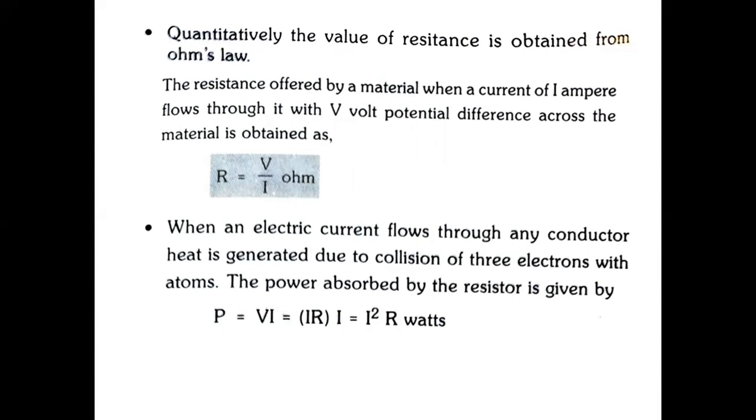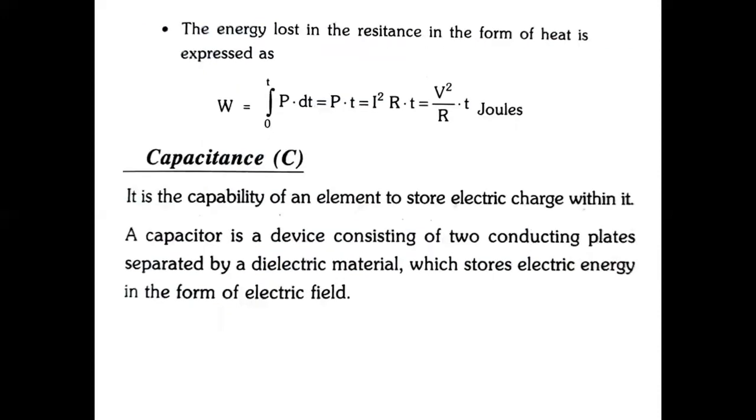Resistance is given by the ratio of voltage to the current, and units of power is watts. The energy lost in the resistance in the form of heat is expressed as W equals V squared R by T joules.